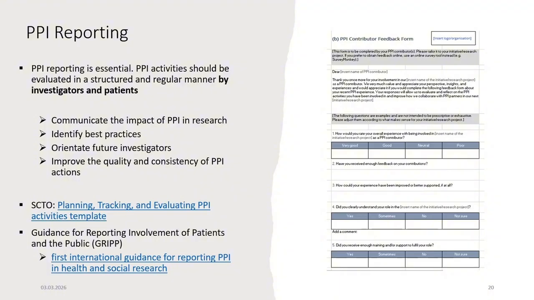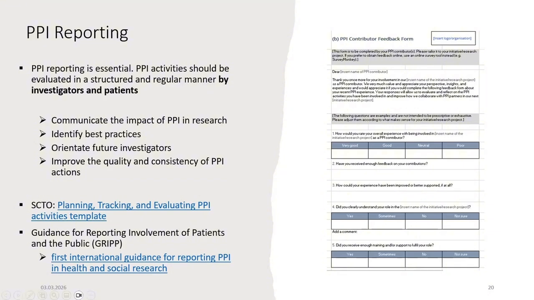To help you in this task, you can look at the template available on the SCTO website, where you can see different questions that both PPI contributors and researchers can mark to help you in this PPI reporting.